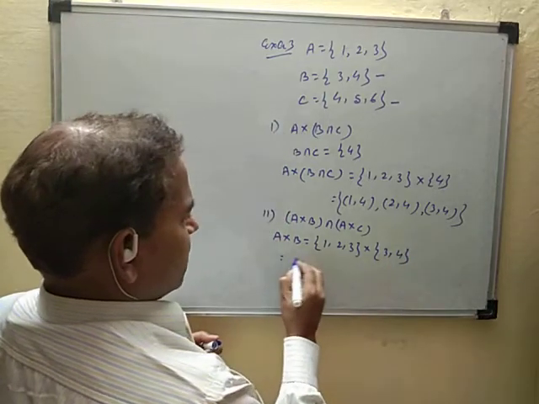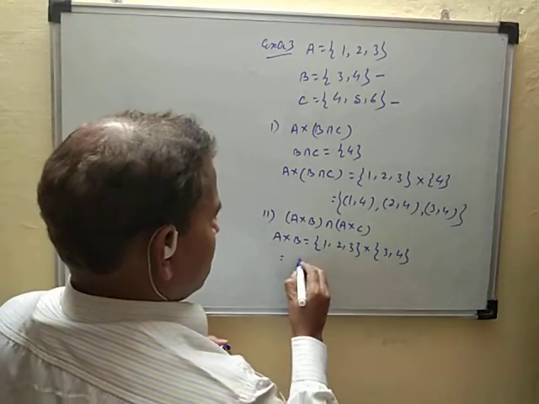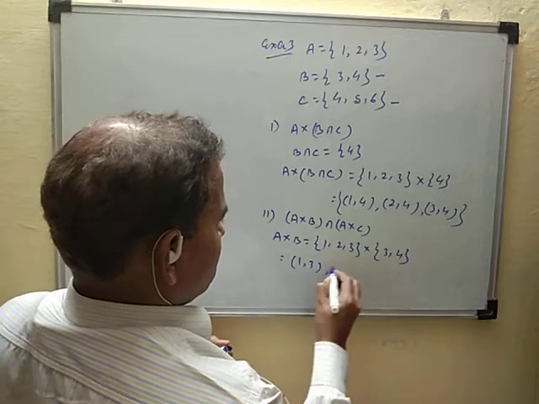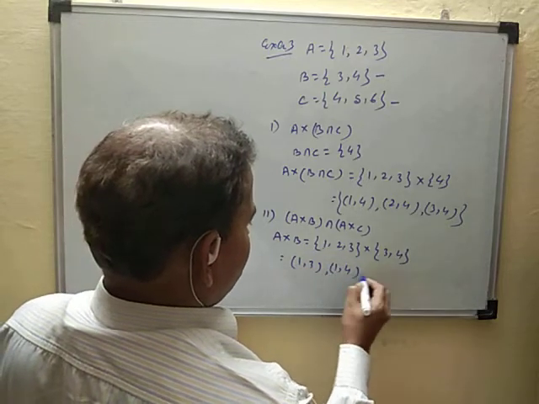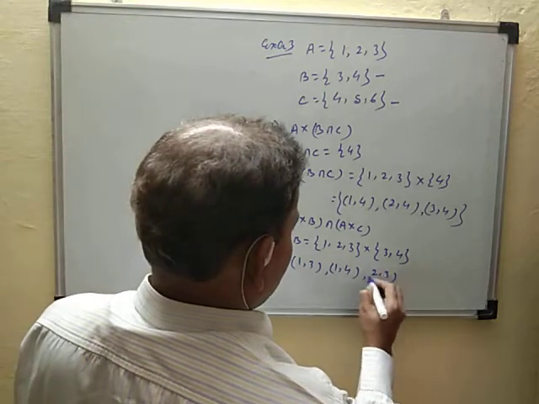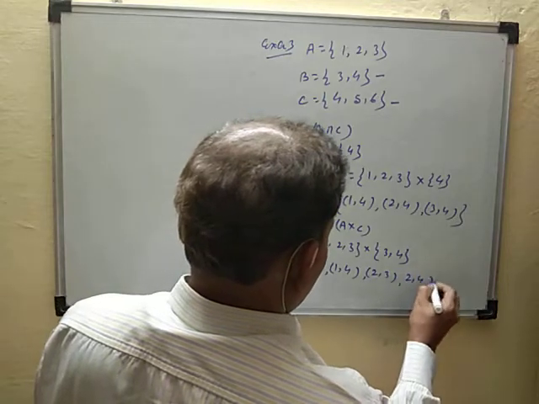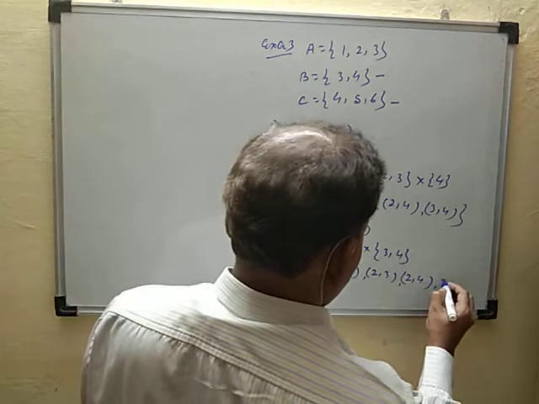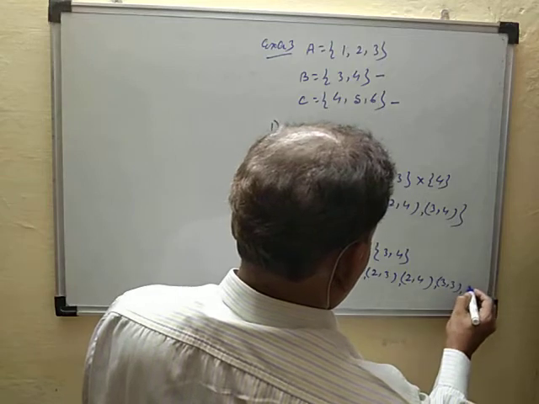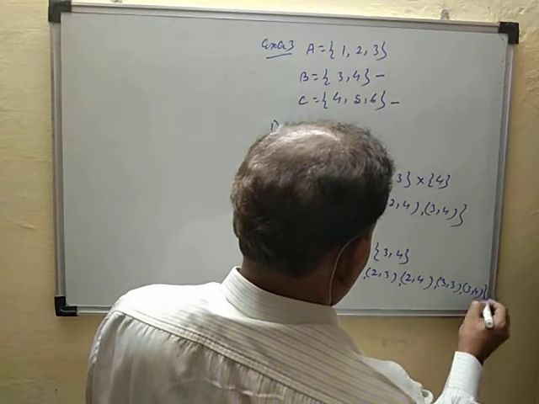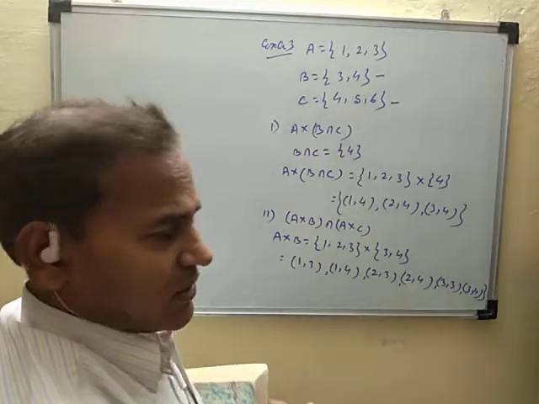So taking the cross product: (1, 3), (1, 4), (2, 3), (2, 4), (3, 3), (3, 4). This is A cross B.